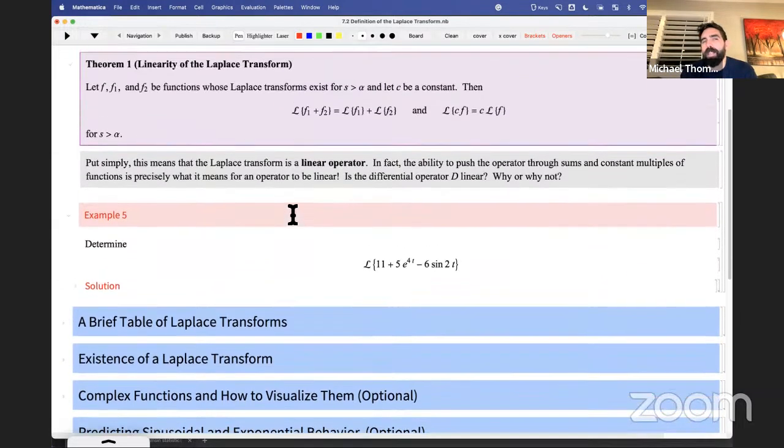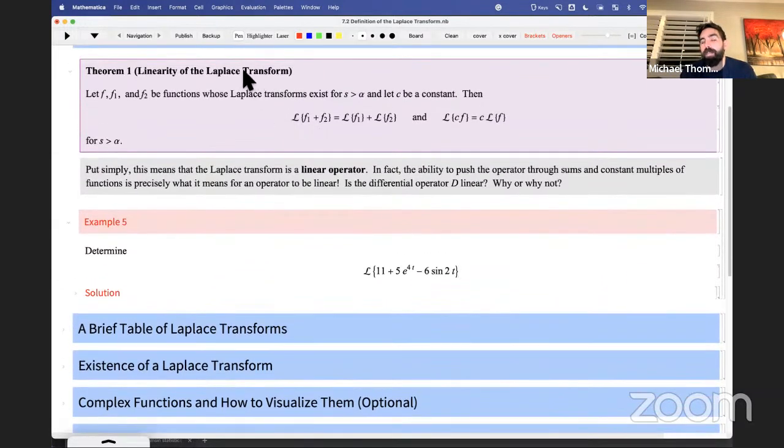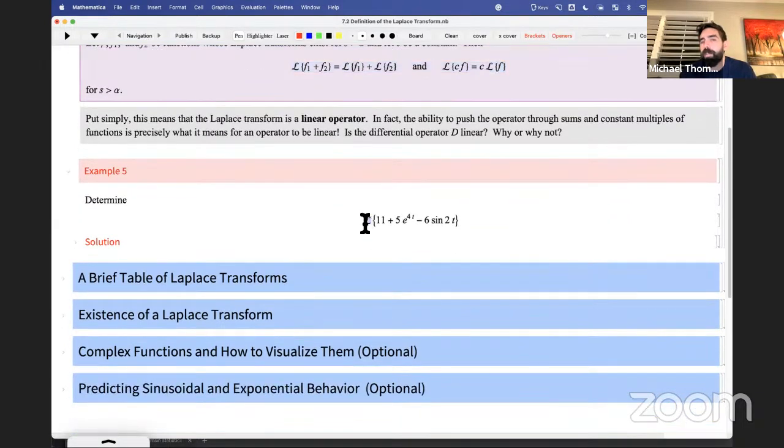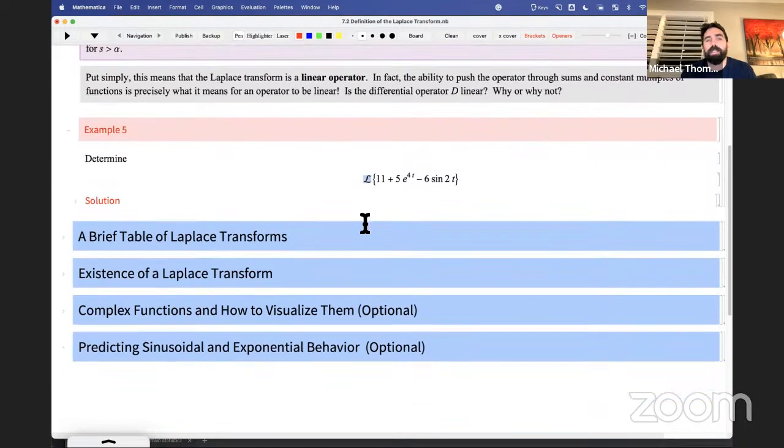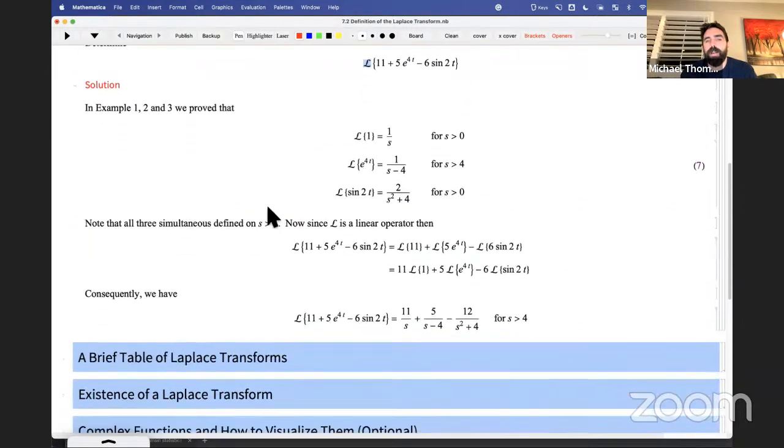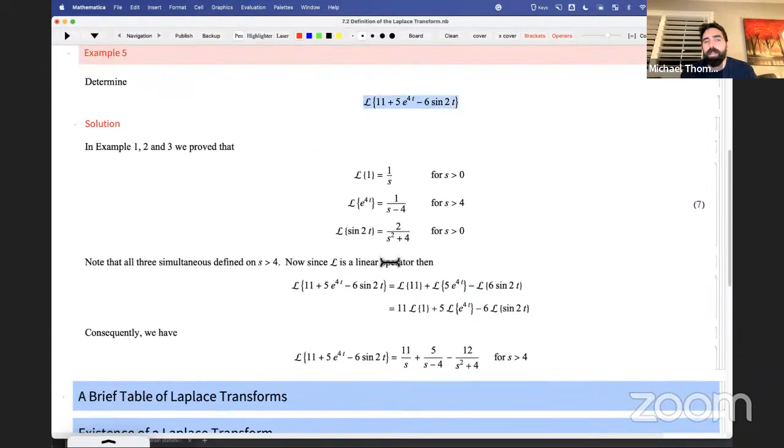But what we can do is exploit the fact that it's a linear operator. We can basically push the operator through the sums and differences and the multiples in front of the functions. So we can jump right down here to start.